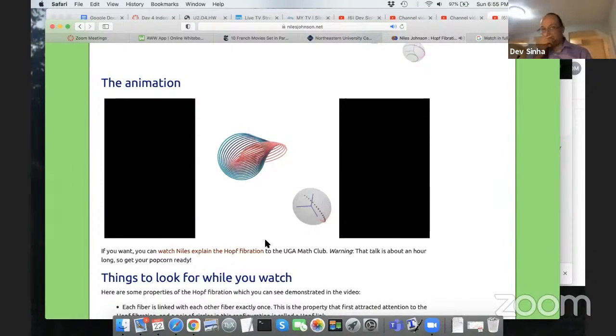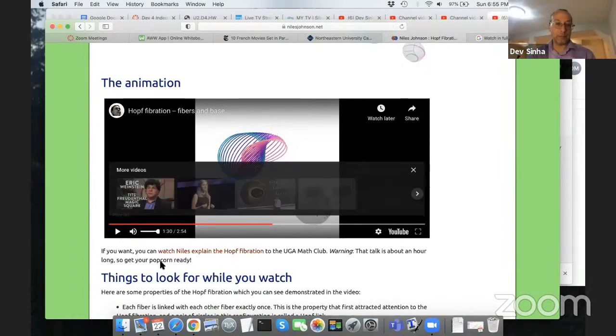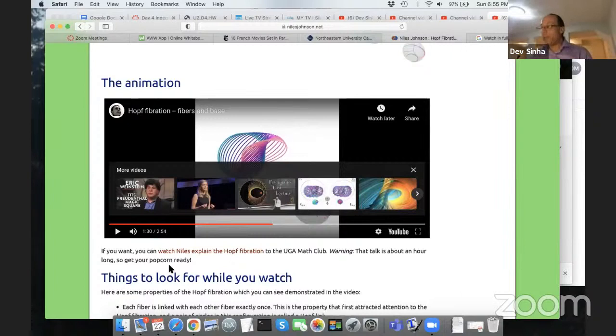So yeah, I think I can stop there. And let me then also say that Hopf detected this map is non-trivial in a couple of different ways.